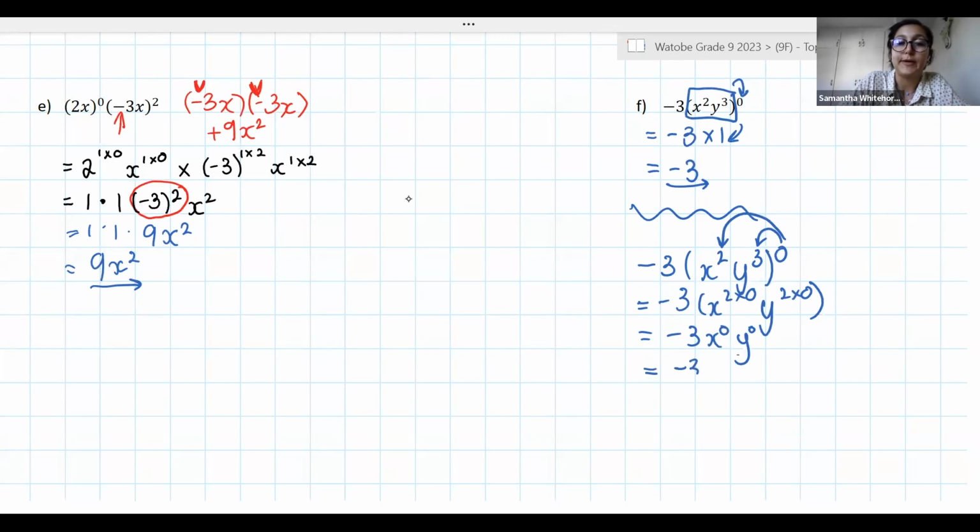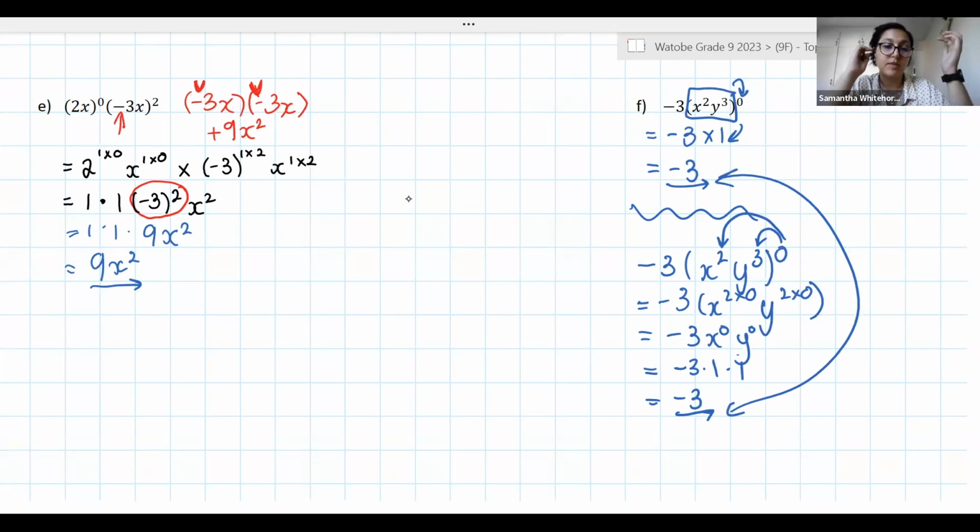Both of those are equal to 1. So -3 times 1 times 1, which gives me -3. So either way, you get the answer of -3. Distributing means maybe 1 or 2 more steps, but you get there in the end. And so again, find what's comfortable for you, find what makes sense for you, and do that.